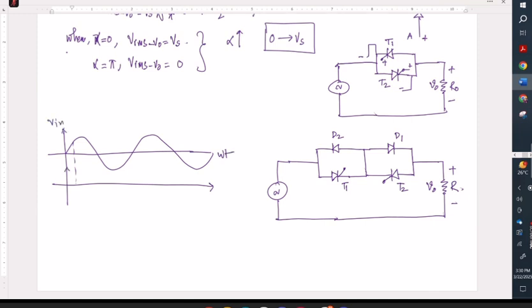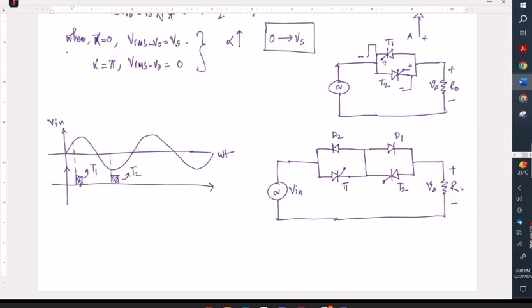This is my input signal, that is my V in. And we are providing gate pulses here. This gate pulse is for T1, and this gate pulse is for T2.